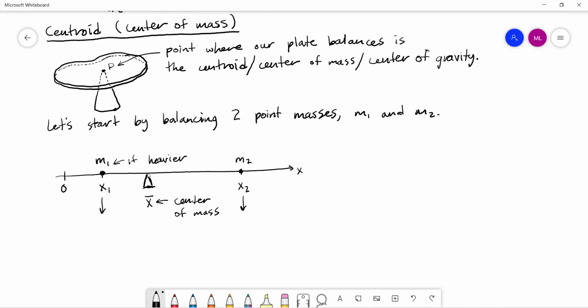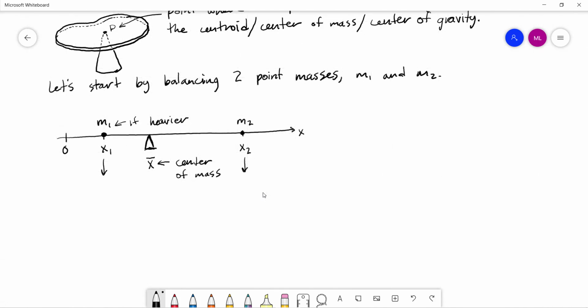from that balancing point. It turns out the way that you actually conceptualize this is with something called the first moments. So this is the point. The center of mass, or the centroid, is where the first moments balance.